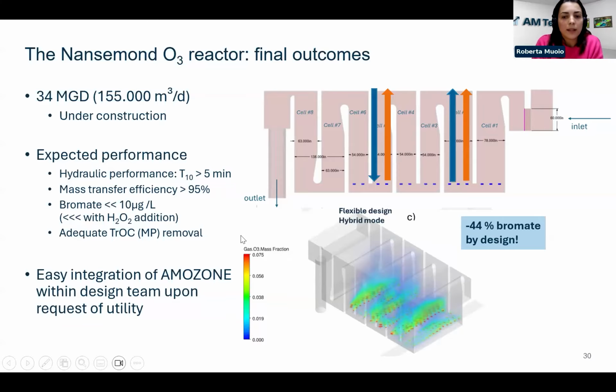So this flexible design gives HRSD strong operational control, as they can adapt the ozone contact according to the different operating conditions, raw water quality changes, and also treatment goals. So this reactor is currently under construction.